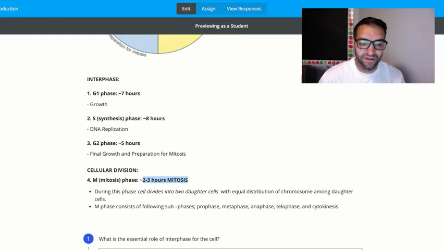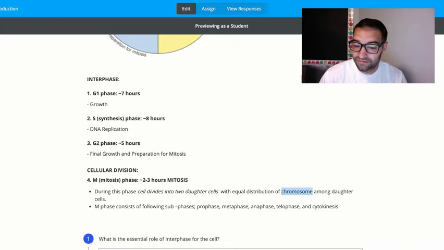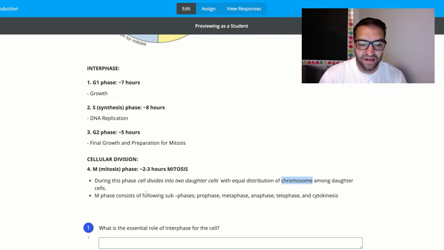The main goal of mitosis is that the cell divides into two what are called daughter cells, and they're going to get an equal set of chromosomes, and therefore they're really going to be identical.